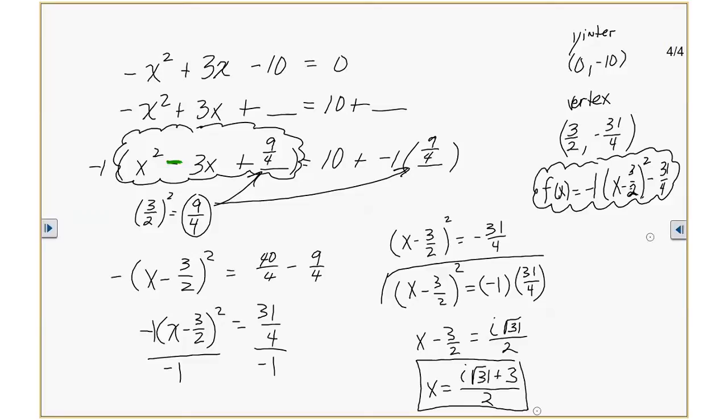Where did it go from 31 to... okay? Actually, what is 32 over 4? 8. So you can just do that in your head. Thank you, 7th grade math teacher. There you go.